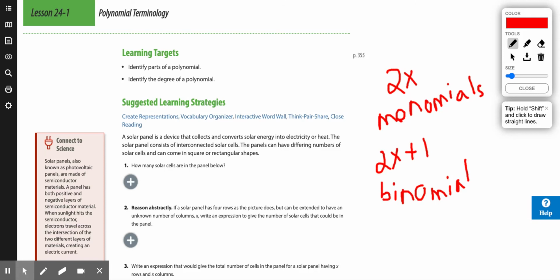But polynomial can cover all of these because poly means many, and as long as you have different terms, we're going to call it polynomials basically. All right, so each one of these is a term. This is a term, this is a term, this is a term. Each piece is a term, T-E-R-M.